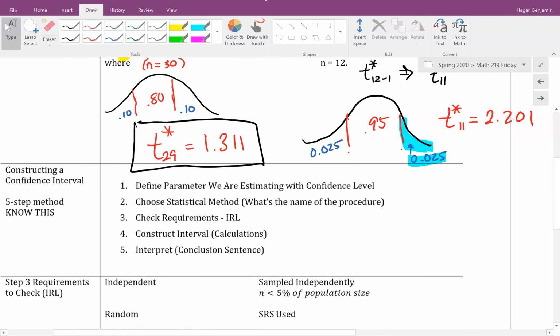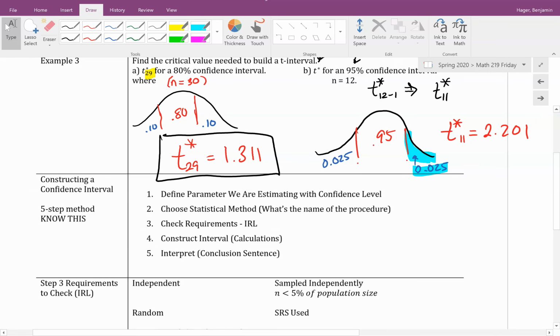Here is why confidence intervals, and the same is going to be true for hypothesis testing, are going to become routine. Because right now we've been doing things kind of loosey-goosey, not really with any rigid structure. Here is our rigid structure. So you want to know these 5 steps, and every time you do a confidence interval, you will walk through these 5 steps, and by the time you've done 3 or 4 of these, you've got them down.